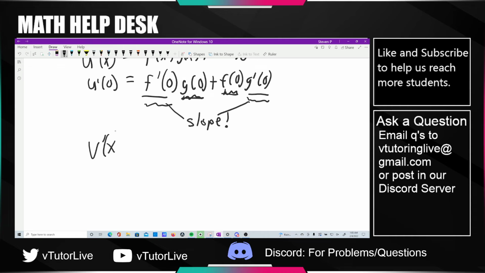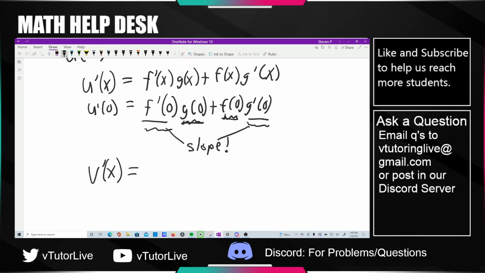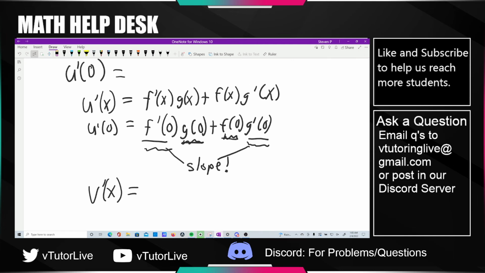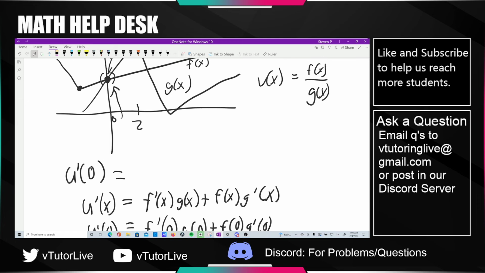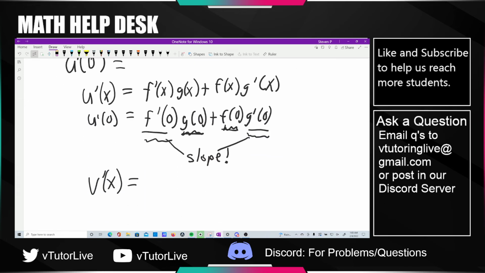Just to give you a little bit, that should give you a very general idea, but I know that students starting out tend to find it a little bit scary when you see things a different way, so I'll get you started with v prime of x. v prime of x uses the quotient rule rather than the product rule.